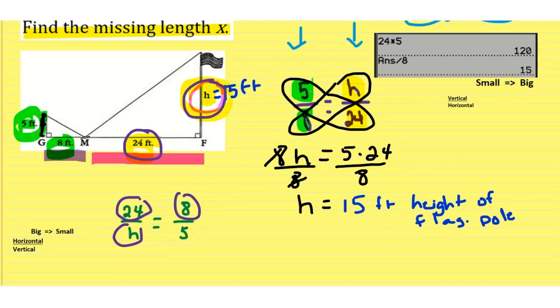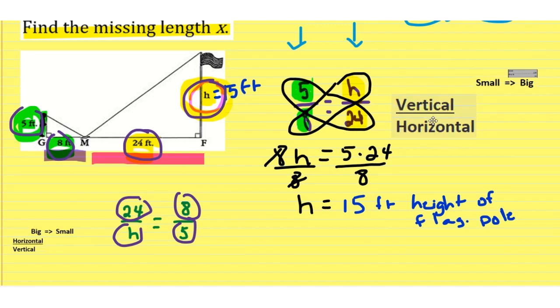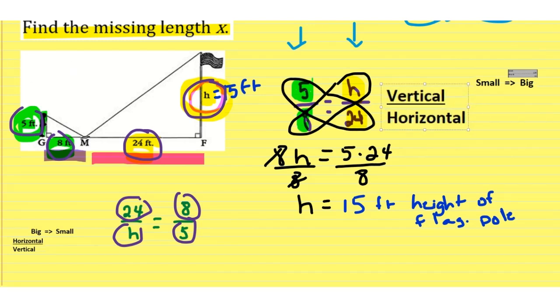And 8 related to 5 means the shadow is related to the height. So we've basically turned these fractions upside down, and that's okay. What I need you to understand is just keeping things lined up. For this first one that we worked on up here, it was the vertical to horizontal.